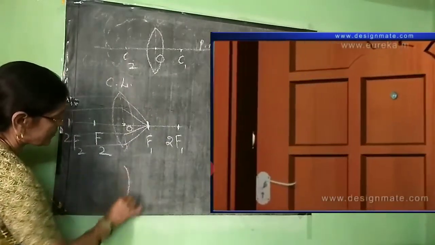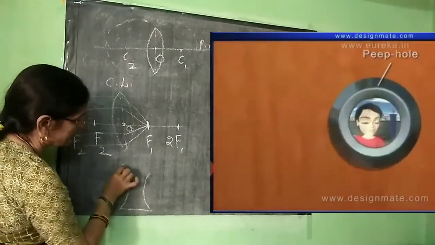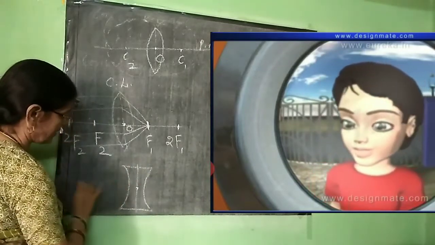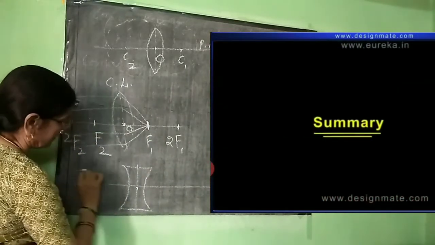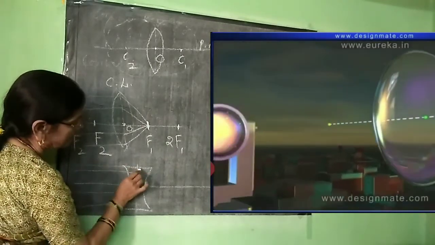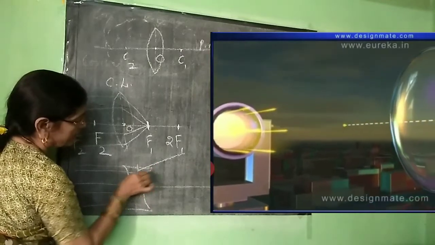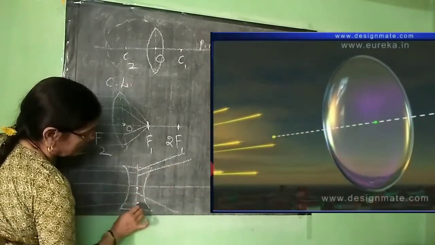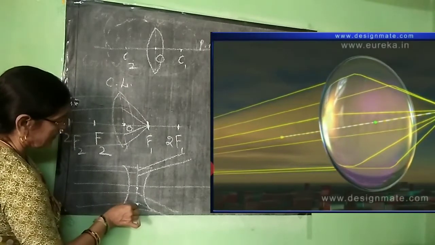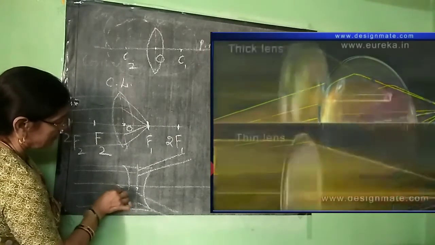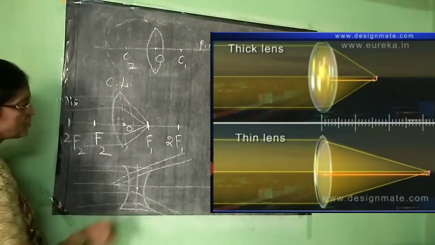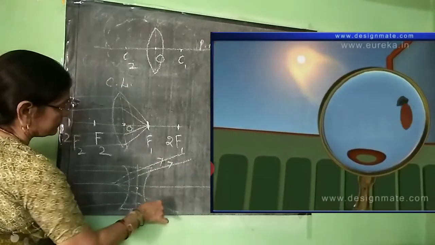Now, in case of concave lens, all the rays which are coming parallel to this principal axis will be diverging. This way they will be refracting. When you extend these lines, you will be getting the diverging point.